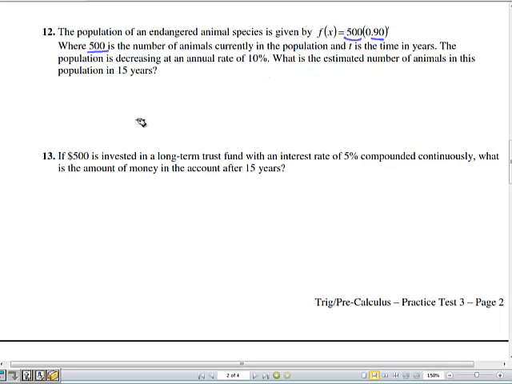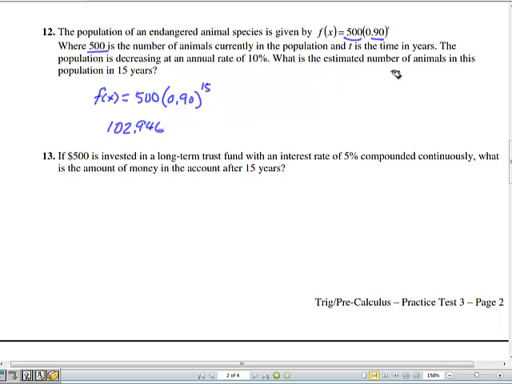So to give you the full function, all you have to do is plug in the number. So the number of animals, f of x, is going to be equal to 500 times 0.90 to the 15th power. Okay, doing that on my calculator, I get 102.946.